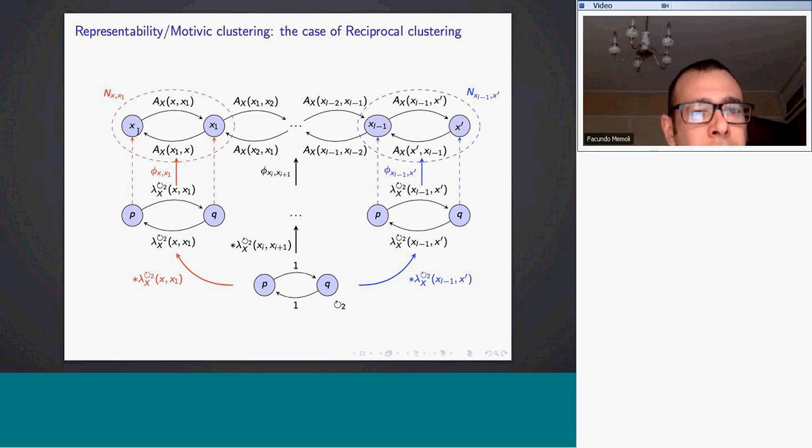So consider one given chain that starts at X and ends at X prime. That means X0 equals X, X1, X2, X3, and so on, to X sub L equal to X prime. Now, how do I have to amplify this motif?